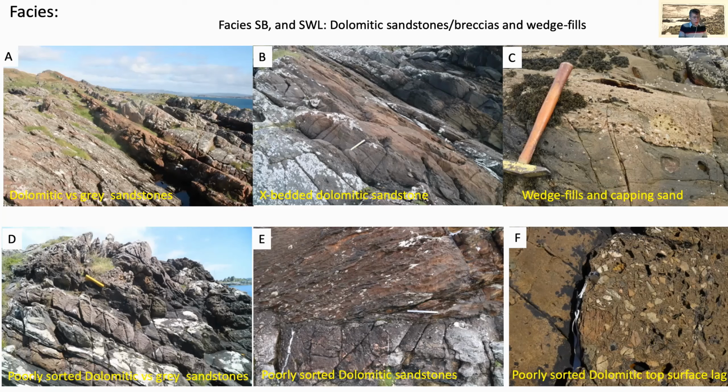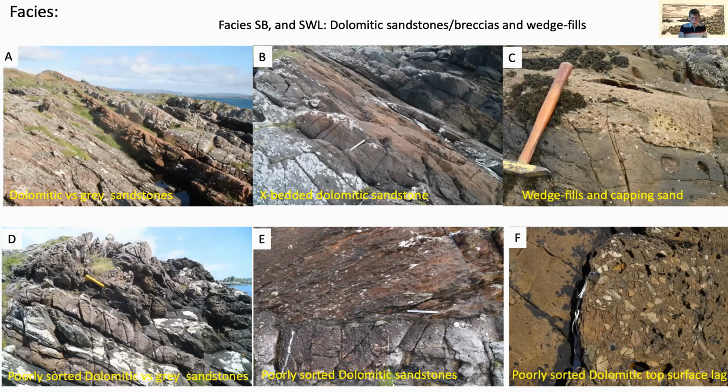In D, we can see some of the poorly sorted dolomitic sandstone. It's a distinctive facies with angular dolomitic material, probably derived from diamictites which have eroded dolomites in member 1 and it's been recycled. But it's also possible that somewhere on uplifted blocks, maybe more uplifted than Islay, member 2 is still cutting down into subjacent stratigraphy, pre-Port Askaig stratigraphy.